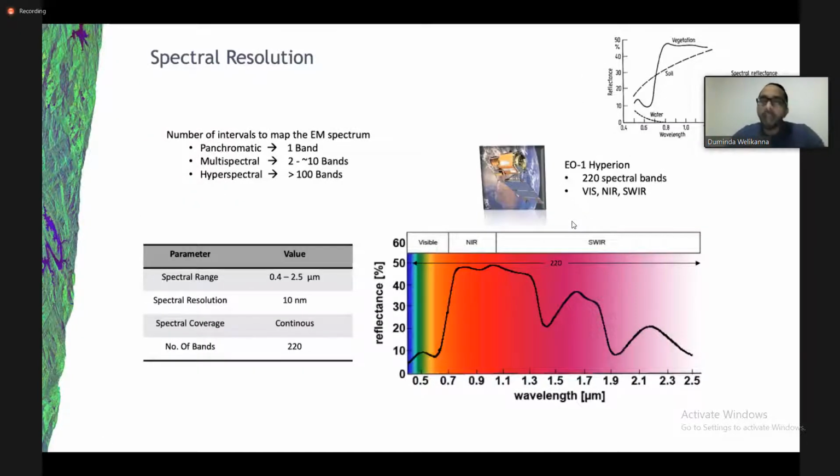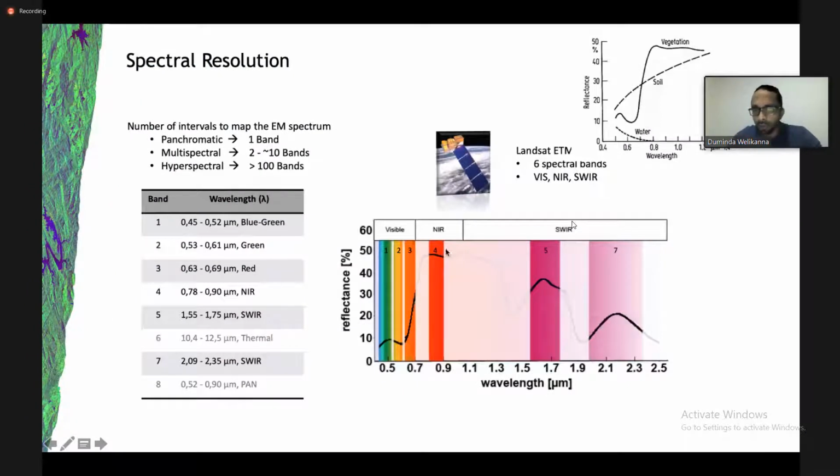But when you go to hyperspectral sensors, where the spectral resolution is very high, it can make an image in almost all regions of the electromagnetic spectrum. For instance, you will see a complete spectral profile of a vegetation object, right? Because in Landsat, you saw that there is no information in this region, no information in this region, no information in this region.